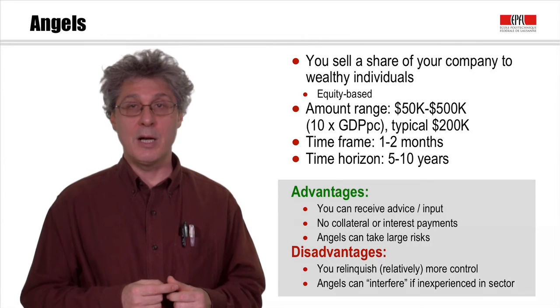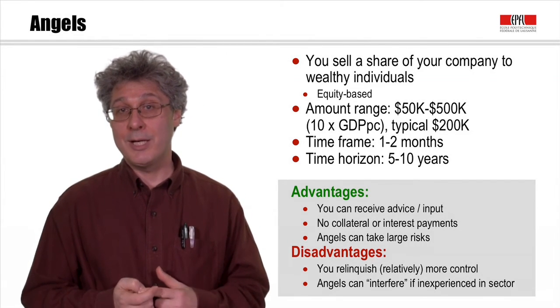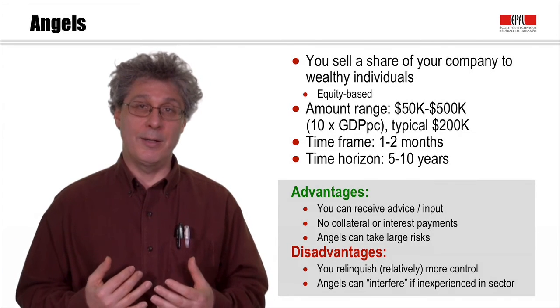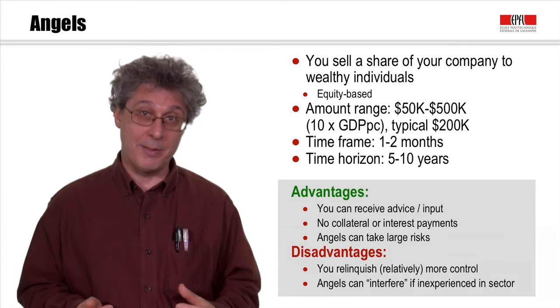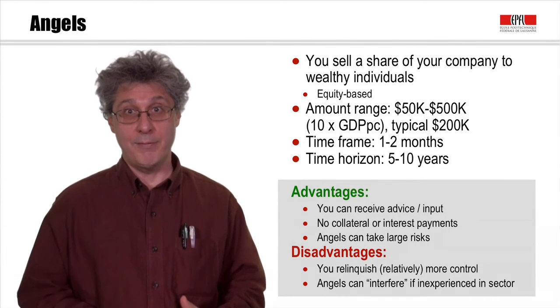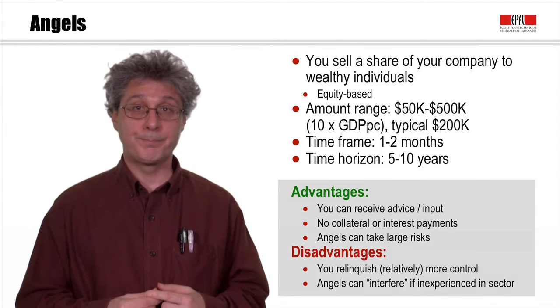Usually these can be accomplished in a month or two, and the time horizon that the angel has is relatively long, 5 to 10 years. They don't necessarily want to cash out of their investment straight away, but they do want to get a return on their investment at some point in the medium term.